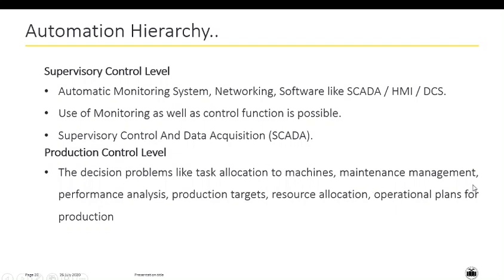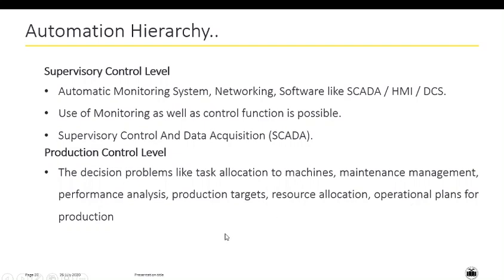Maintenance management can also be done at this level. Performance analysis of a particular machine, sensor or person can also be done with the help of this level. You can set the production target, and based on the target you can do the task allocation to machines. You can allocate resources and raw material.